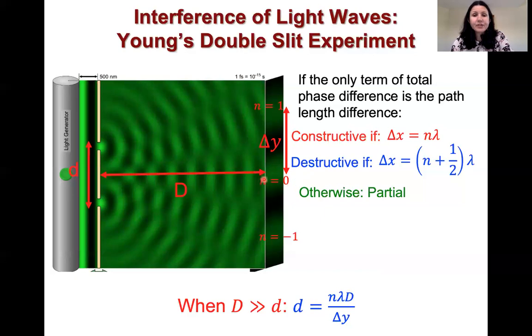But then you can imagine going some distance over here, where the path the ray takes from this direction versus this one differs by exactly one wavelength. So the distance from this slit to that bright spot is exactly one wavelength longer than the distance from the other slit.